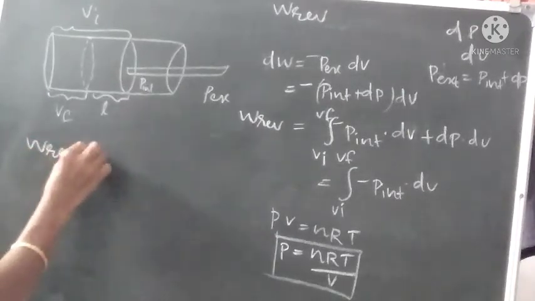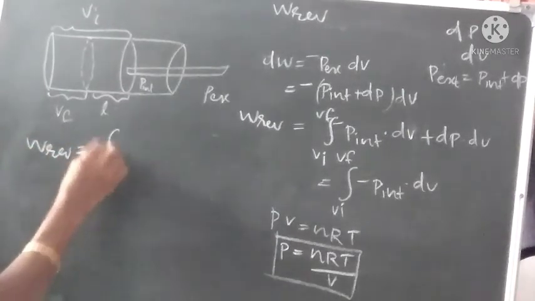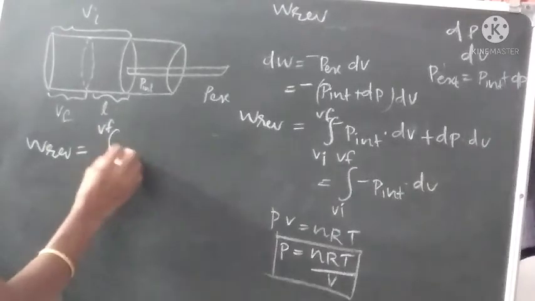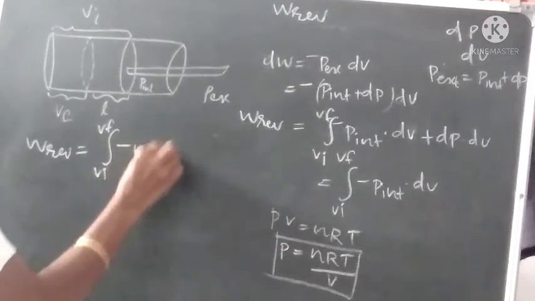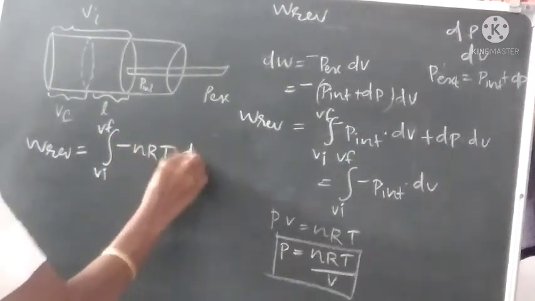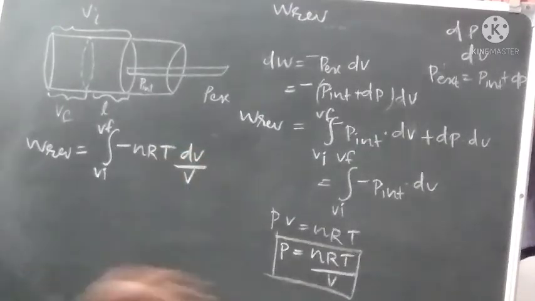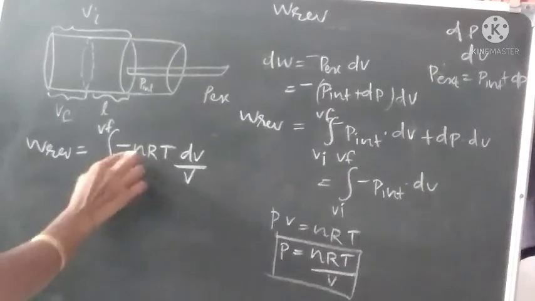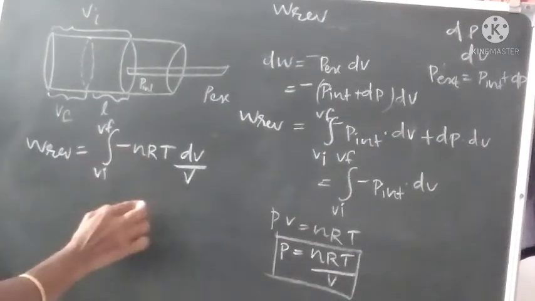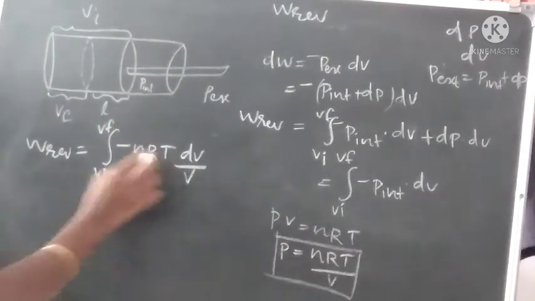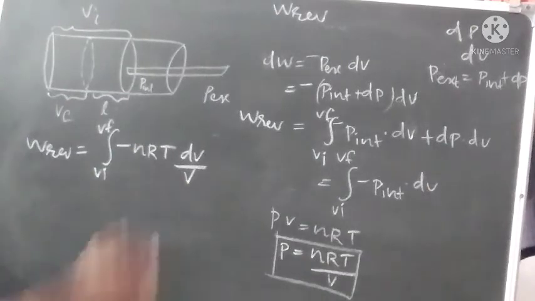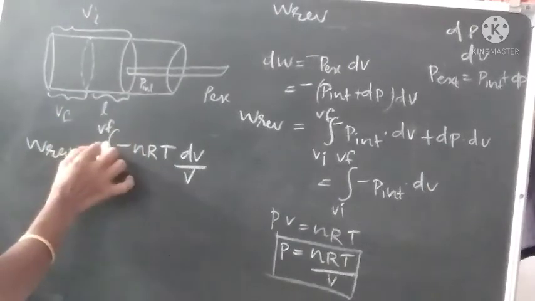So what we will get? W reversible will be equal to the integral from VI to VF of minus nRT dV by V. This V we are writing along with the dV. Now n and R are constants, and for an isothermal process T also will be constant, so these three terms we can take outside.